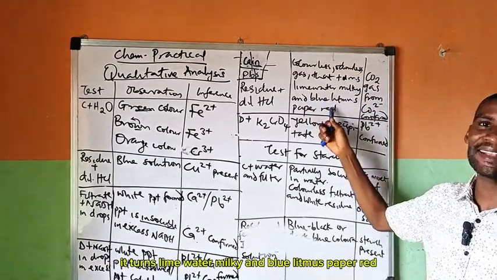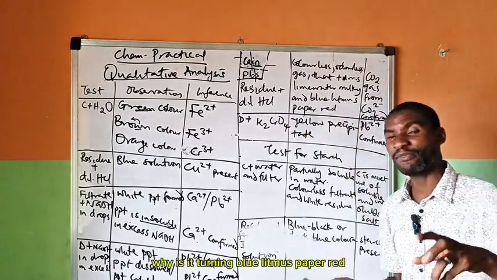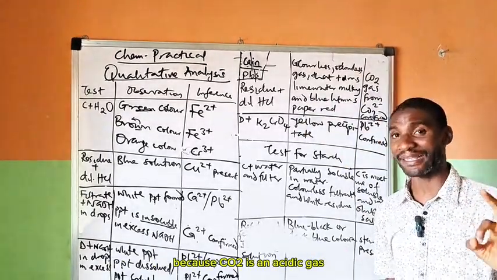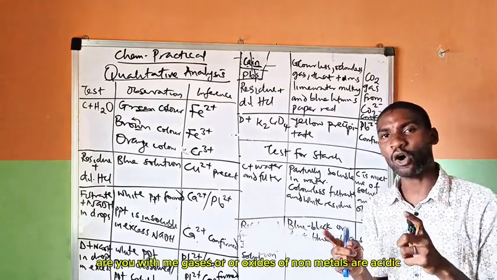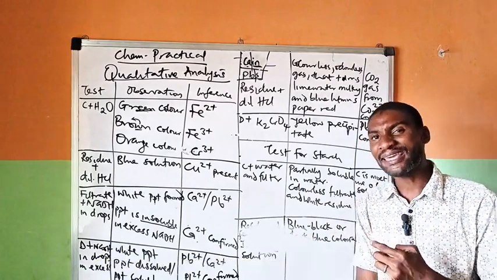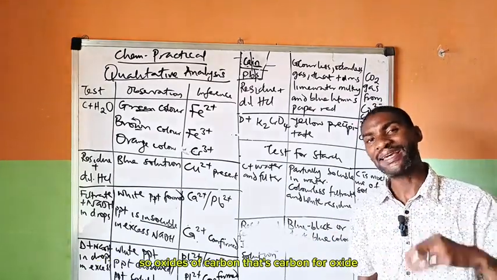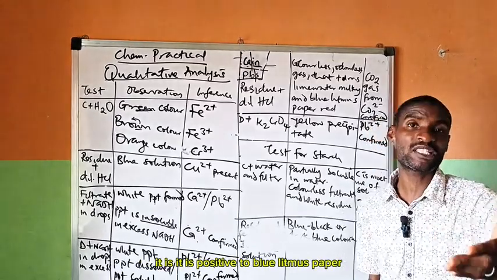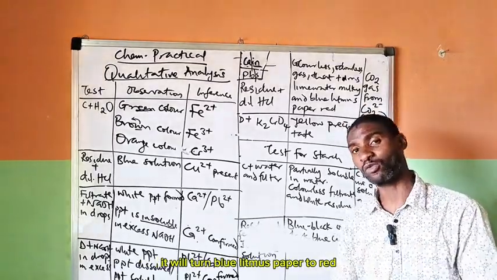And it turns blue litmus paper red. Why is it turning blue litmus paper red? Because CO2 is an acidic gas. Are you with me? Gases or oxides of non-metals are acidic. So oxides of carbon, that's carbon dioxide, will turn blue litmus paper to red, just the way an acid will.